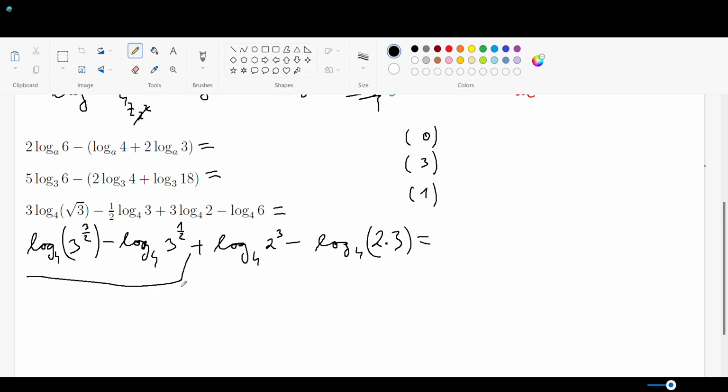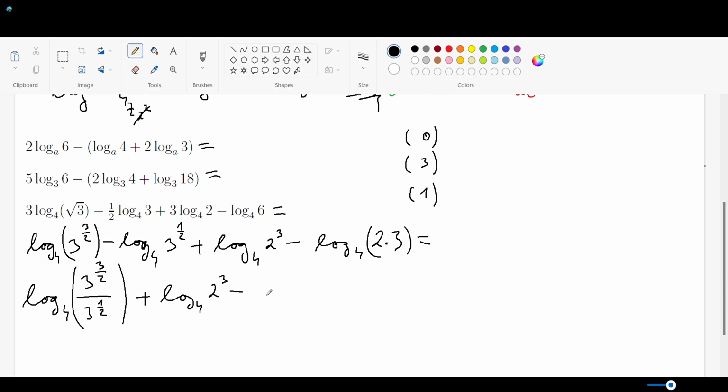First of all, I will apply the quotient rule here. So it would be logarithm base 4 of 3 to the power of 3 over 2, okay, over 3 to the power of 1 over 2, plus logarithm base 4 of 2 to the power of 3, take away. And now there comes something which is really important to realize.